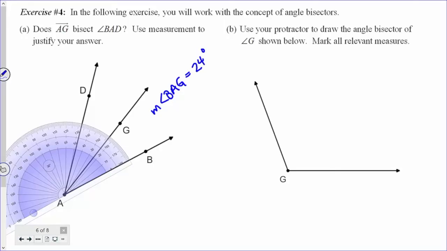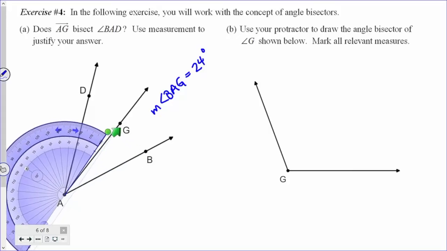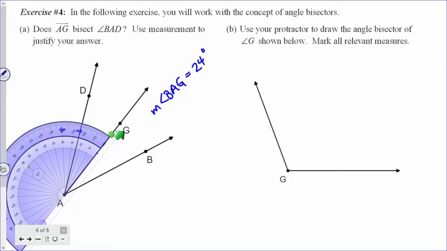Somewhere between 23 and 24, but I'm going to go with 24. And now let's measure the angle DAG. Okay, and the measure of angle DAG, it's also 24 degrees.